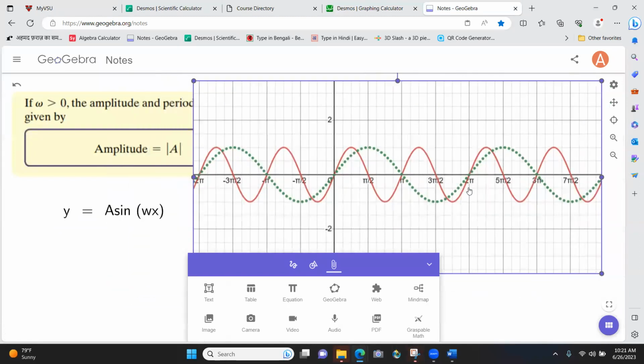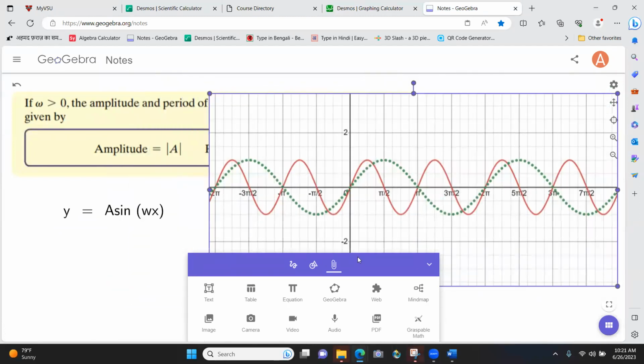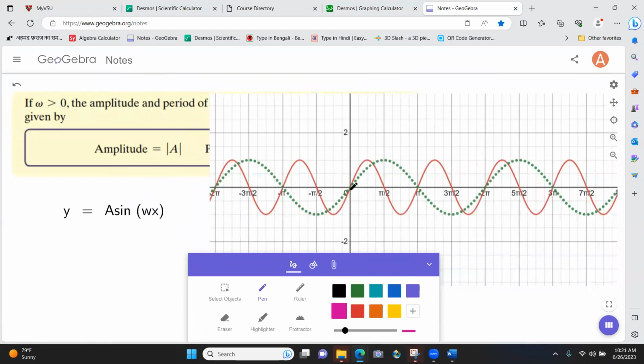What's happening is, if the original period was 2 pi and you had this green piece that was being repeated, now in the same area you have two of them. Look, one whole chunk, another whole chunk. So this is called a horizontal compression by a factor of 2.